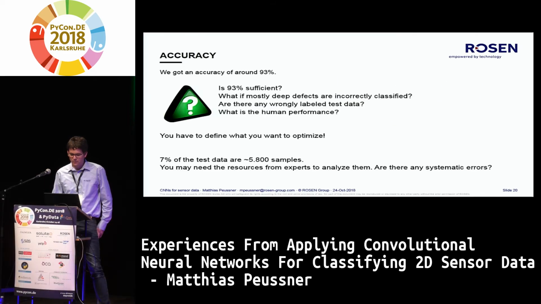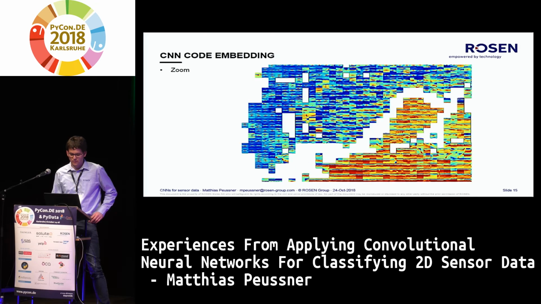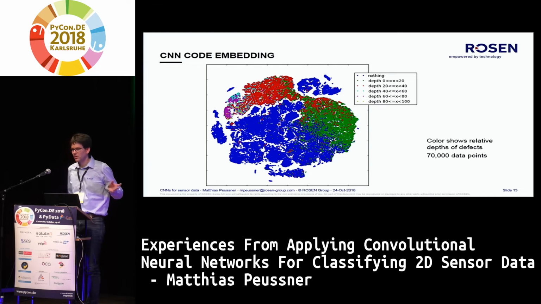I'm not sure if I understood the question, but from this picture, most of the blue dots are the no defects in there, and the other colors are the defects. So we had a great imbalance.